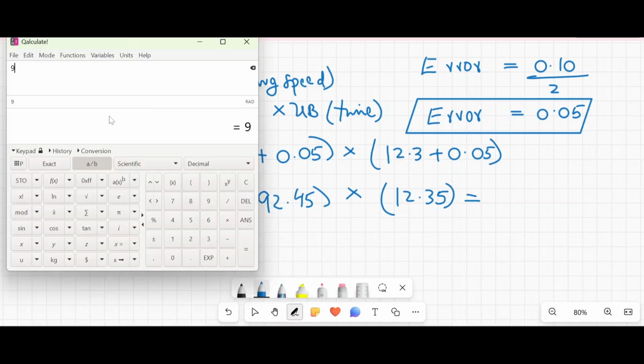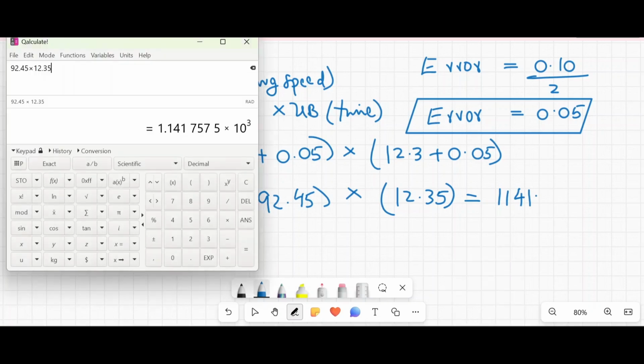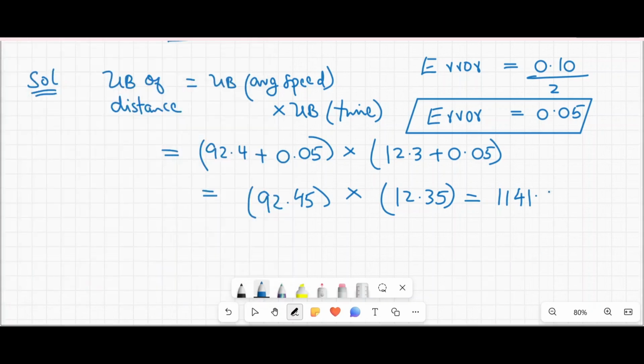We multiply 92.45 into 12.35. Now our answer is, let me write, 1141.75.